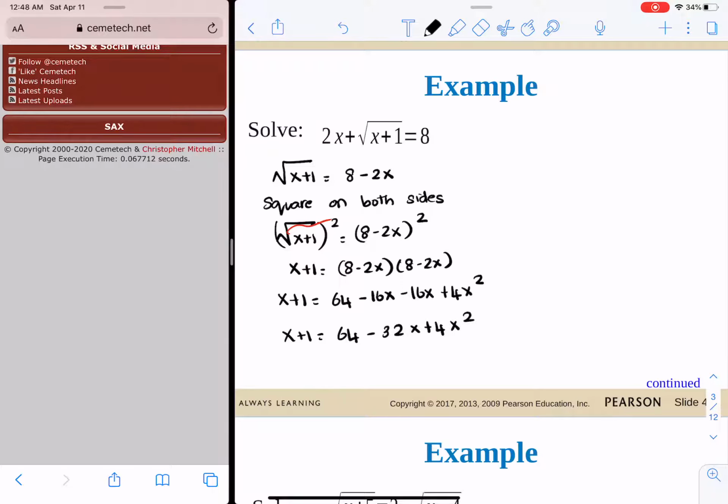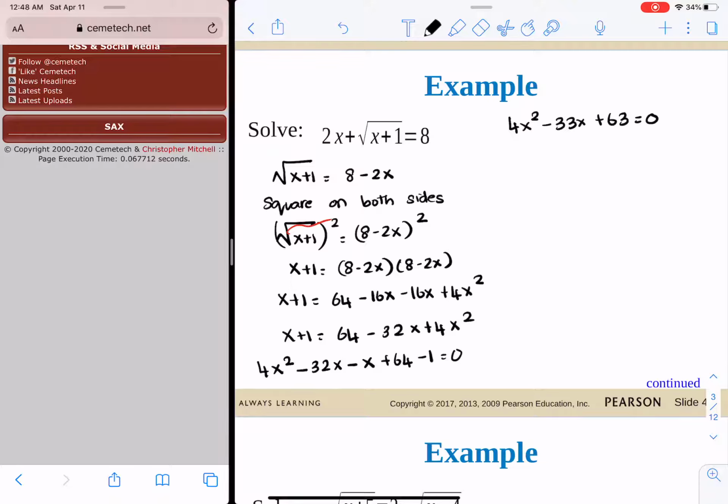We move all the terms to one side, so we have 4x squared minus 32x minus x plus 64 minus 1 equals 0. That gives us the equation 4x squared minus 33x plus 63 equal to 0.